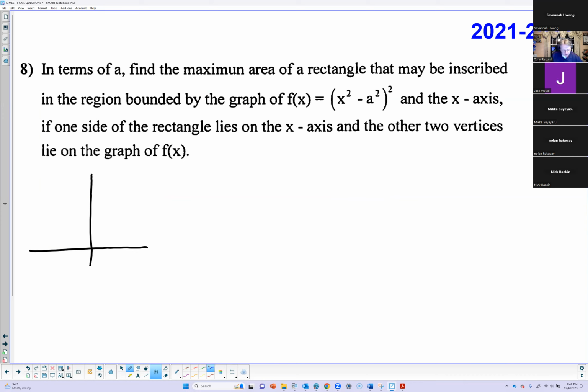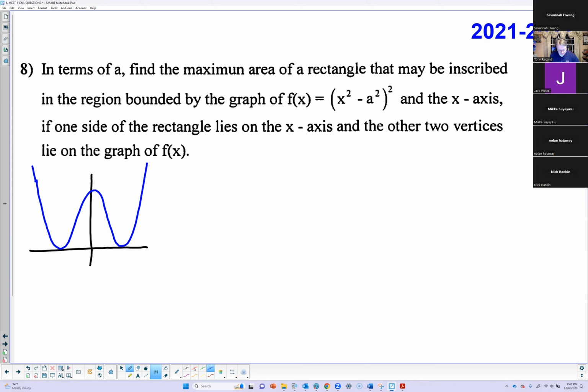Why don't we just draw a very generic W shape that might look like this? After all, we don't have anything on the axes, at least the y-axis, scaled for us. And that gives us a lot of freedom to draw what we want to draw. So we'll start with this general picture.